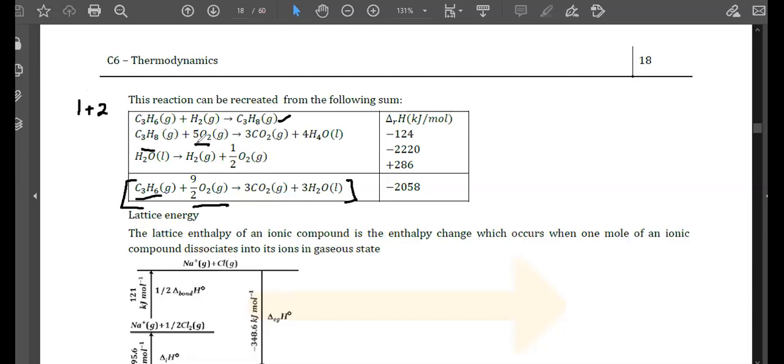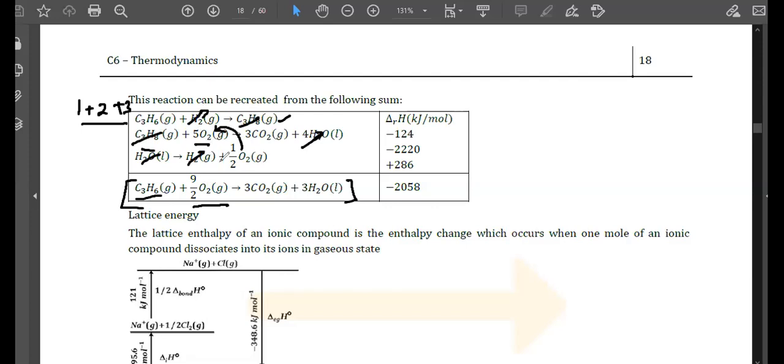Now if you're adding 2, we will have 5O2, but we need 9 by 2 O2. This half O2 is on the product side if you add the third one, so it will go to the reactant side, and then 5 minus half O2 will be 9 by 2 O2. If you add these three, H2O will get cancelled, and H2 and H2 will get cancelled.